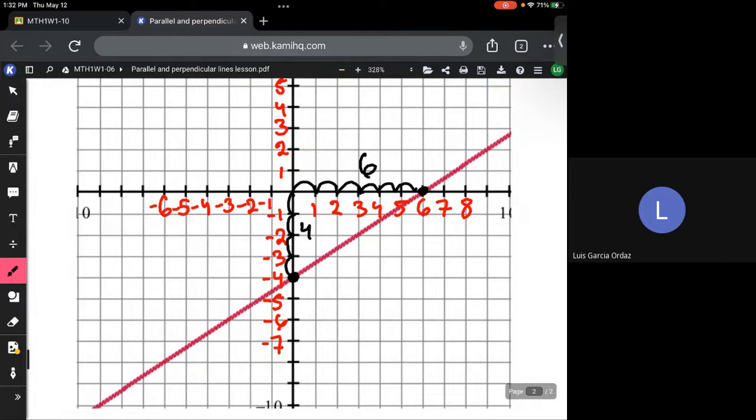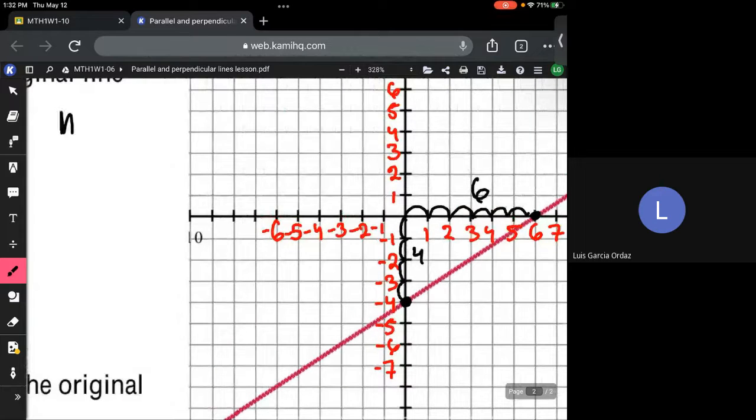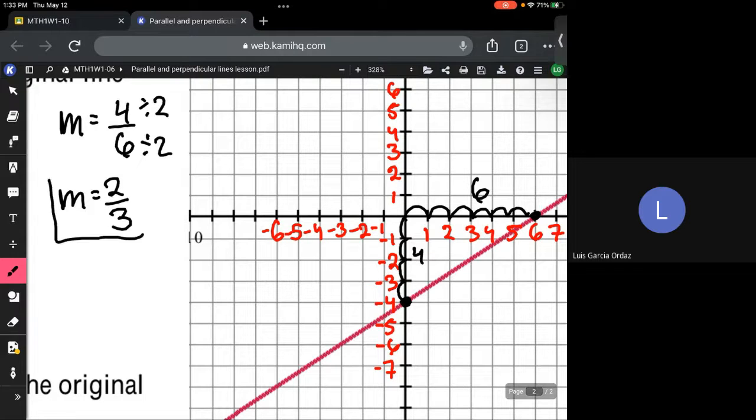So the slope of this line is going to be 4 over 6, which is the same as saying what? Gian. 2 over 3. So I'm going to divide both of these by 2. So my slope is actually 2 over 3, which means if I want to draw a parallel line, my slope has to be 2 over 3.